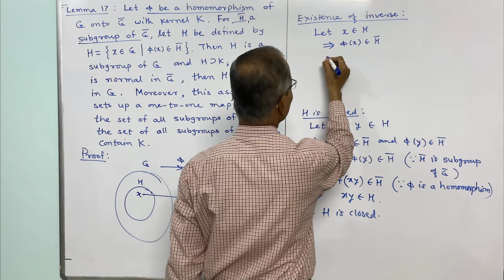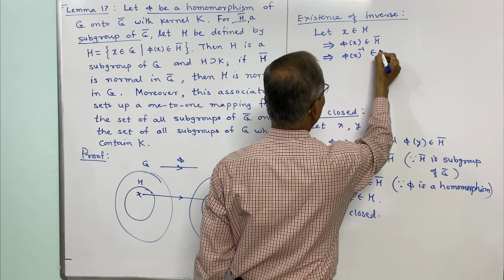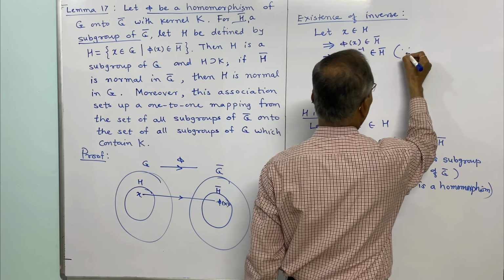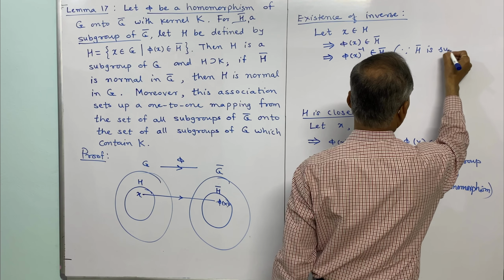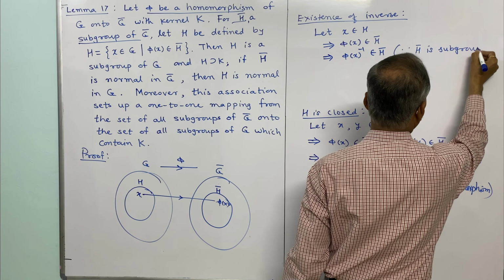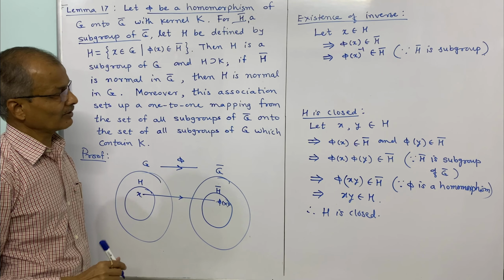This implies the inverse of phi of x belongs to H bar, since H bar is a subgroup of G bar. Therefore it contains the inverse of every element.